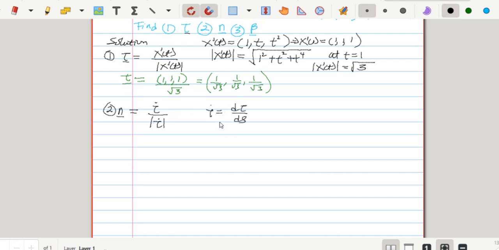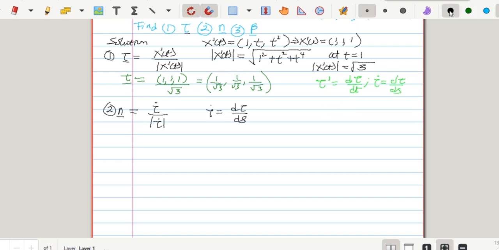It's not d tau over dt. Note, this is very important. If we have tau prime, then tau prime is d tau over dt, but tau dot is d tau over ds.